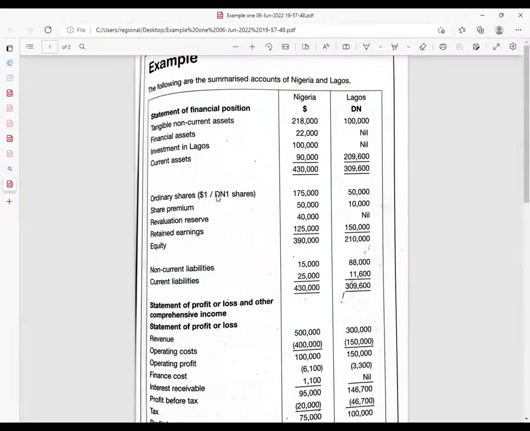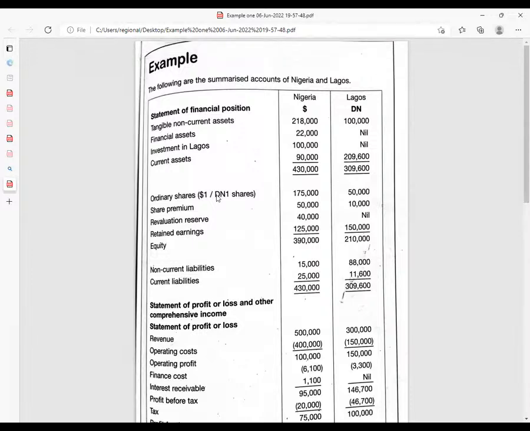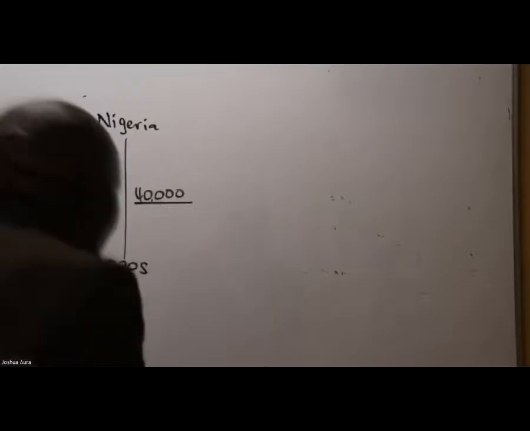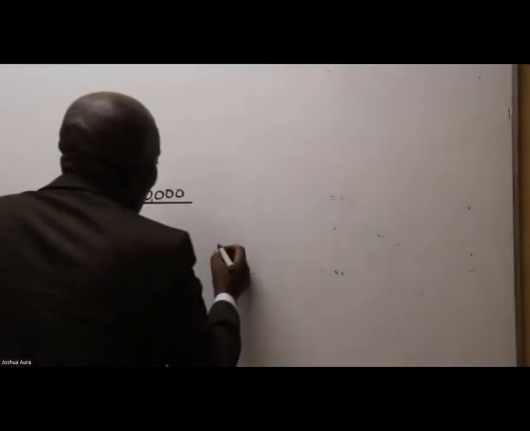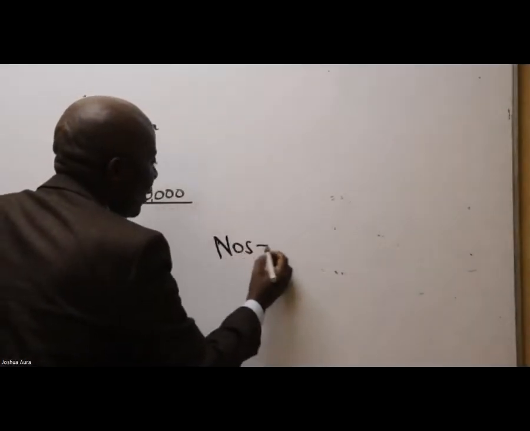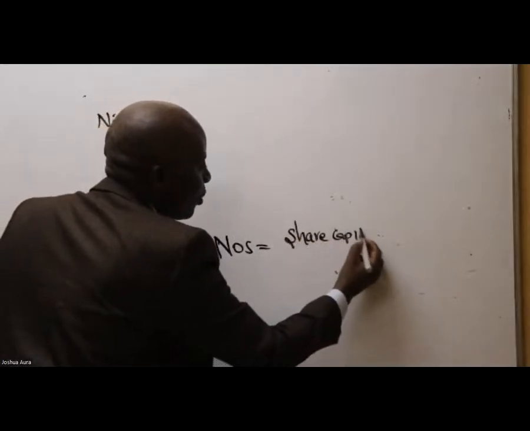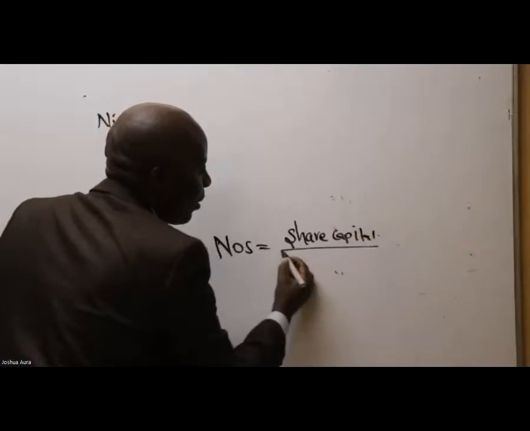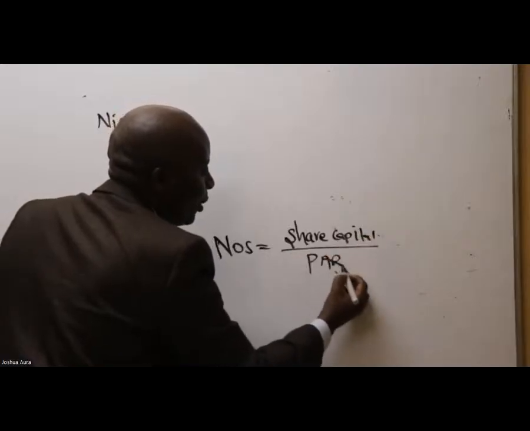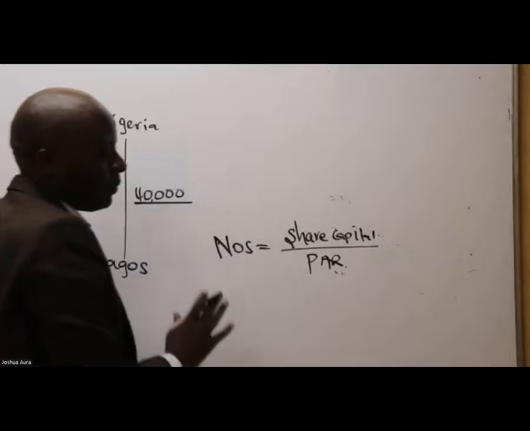So remember to get the number of ordinary shares, we normally take the share capital. Like now you can see the share capital of Lagos is 50,000. Anytime you want to get the number of ordinary shares, my good students, listen, you always take the share capital given, and then you divide this by the par value given there by the side.